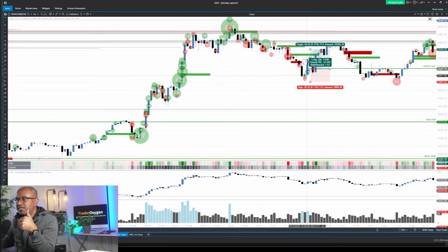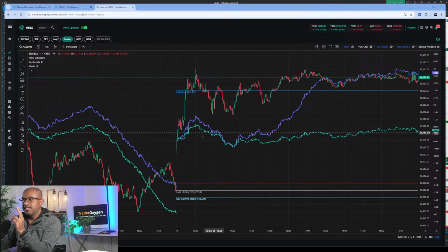In this area it printed one or two bullish cumulative volume delta bars, but the majority is bearish. So the probability is less for us for a buy entry.